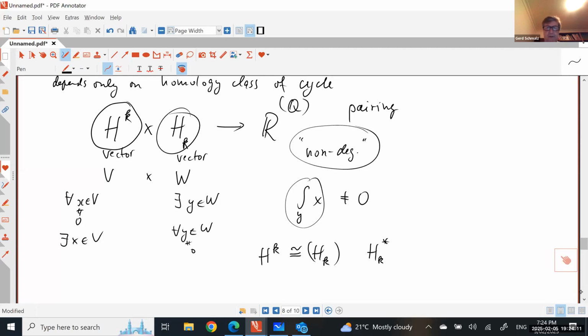Now I put non-degenerate in quotation marks. That is something which needs to be proved. If we have some kind of homology space and some kind of cohomology space, and we can pair them, and this pairing turns out to be non-degenerate, we call this Poincaré duality.